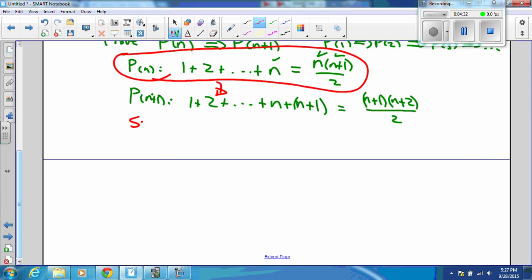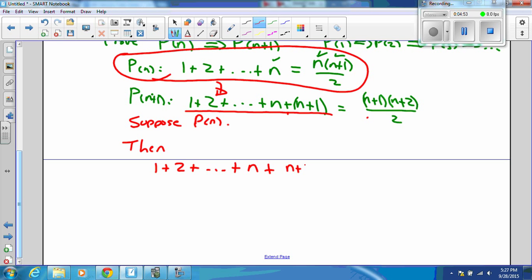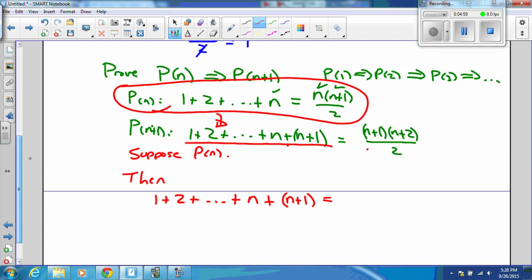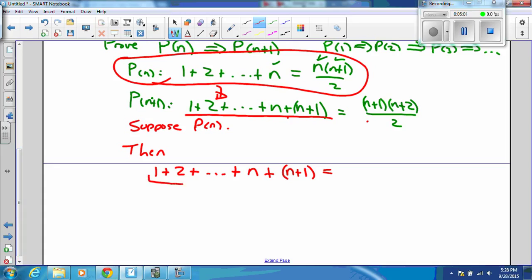So let's see how that works. So we start off, suppose P of n. Now we're going to take the sum of all the numbers from 1 to n plus 1, and we're going to show that they have to add up to this expression right here. Equals. Now here's where we get our induction hypothesis.